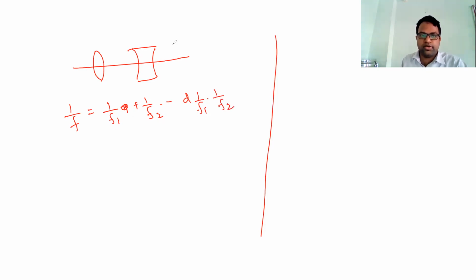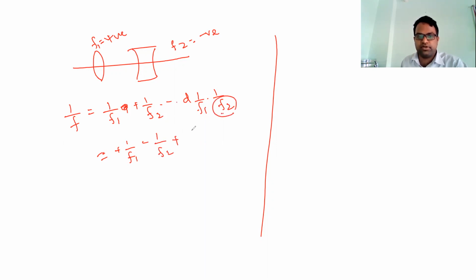Now f2 is negative, f1 is positive. So this is plus 1 by f1, minus 1 by f2, and this last term will be plus, because f2 is minus, minus into minus is plus, d into 1 by f1, 1 by f2. This will be the focal length of the combination when they are separated by a distance d.